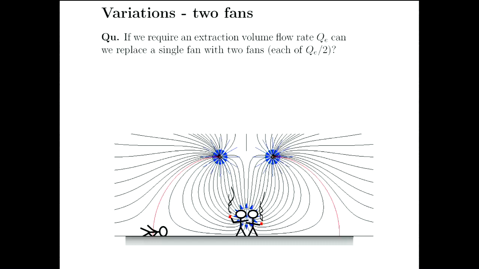Okay. And again, when you have these differences, your streamlines are going to change as well. Okay. So just out of curiosity, if you have a source and two sinks, how many images should you have? Yeah, 3. All right? You should have 2 sinks and a source image. So all in all, you should have 6 terms in your stream function.